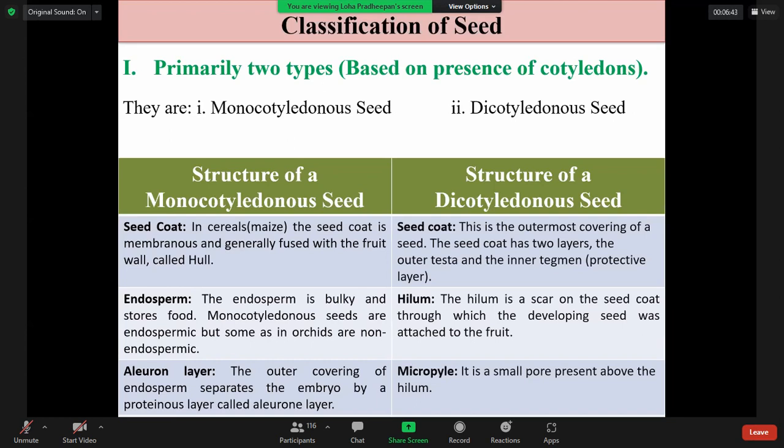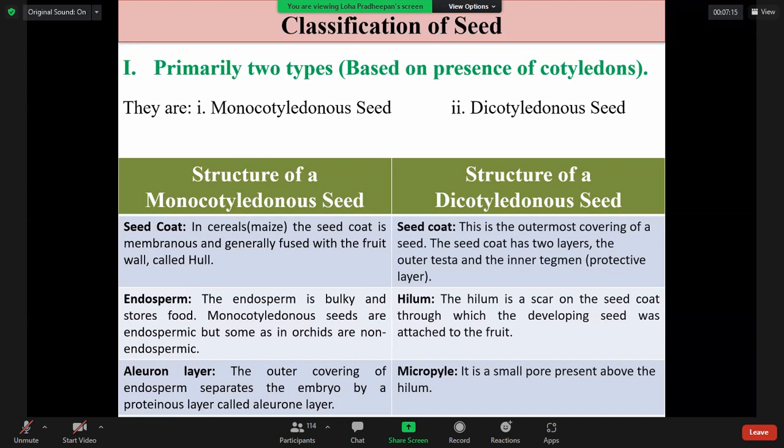If you look into the structure of the monocot seed as well as the dicot seed, there are differences. In the monocot seed, and I already told you most cereals come under the monocot, the seed coat is membranous and it is fused with the fruit wall. We call that the hull in the monocot.